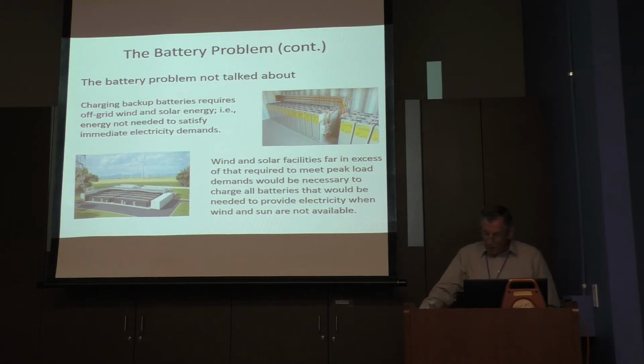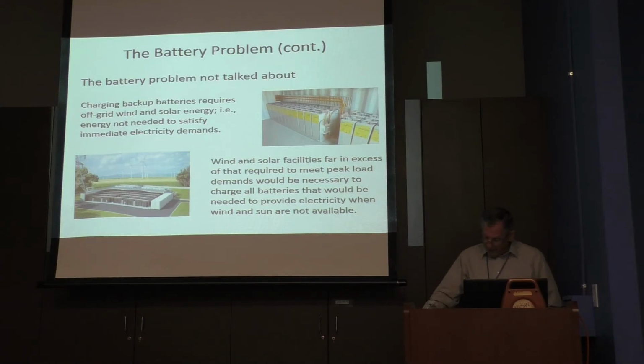Charging backup batteries requires off-grid wind and solar energy. That is, energy that's not needed to satisfy the immediate electricity demands of the grid. So the off-grid system must be designed to provide a charge current capable of recharging batteries quickly and efficiently, and within the window of time that the on-grid system is actually generating peak power.